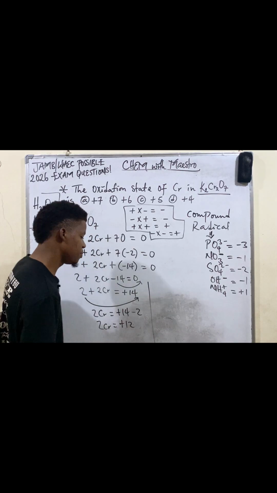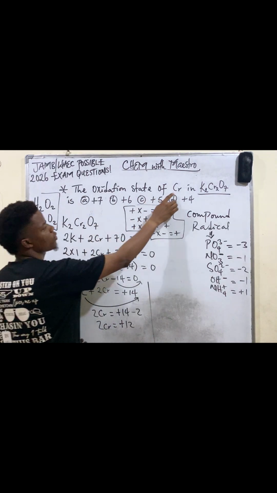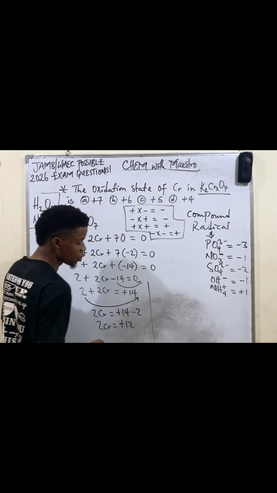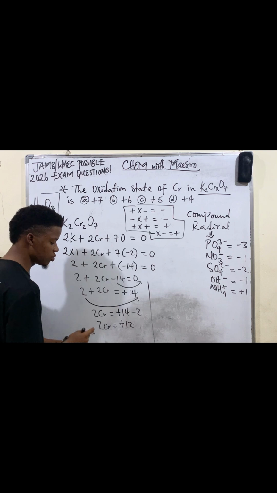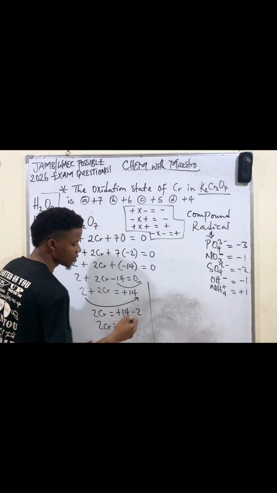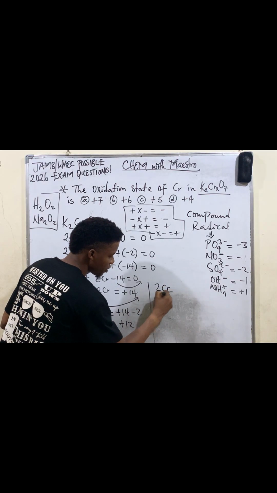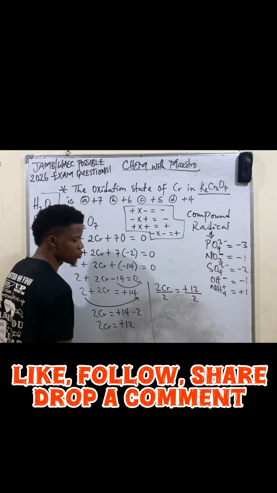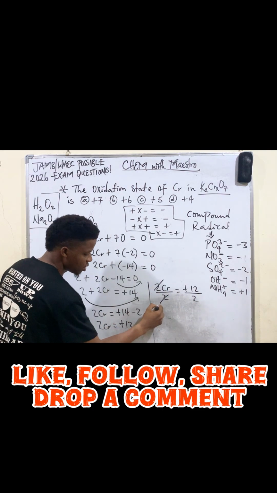Now, here's the big deal. We're asked to find the oxidation state of chromium, not 2 chromium. So we're going to divide both sides by 2 so that chromium can stand on its own. 2Cr divided by 2 equal to plus 12 divided by 2. So 2 cancels out 2.